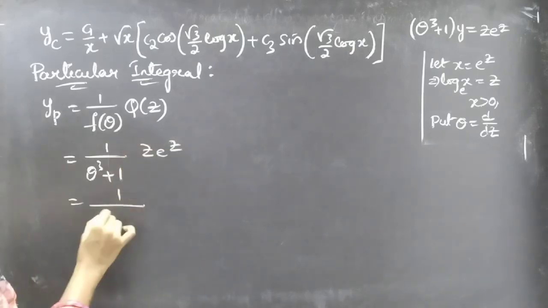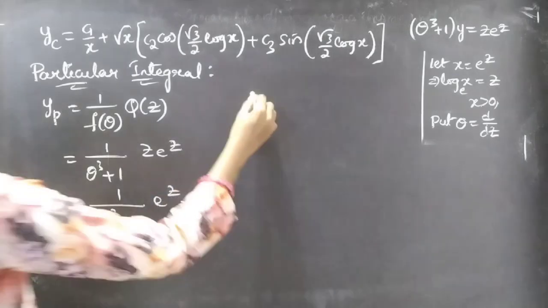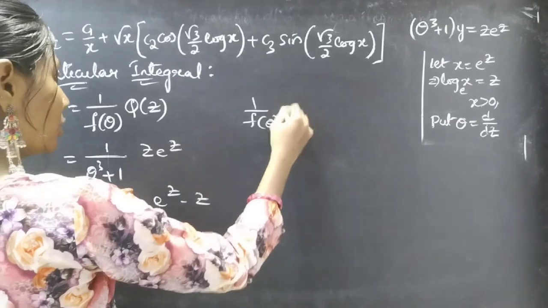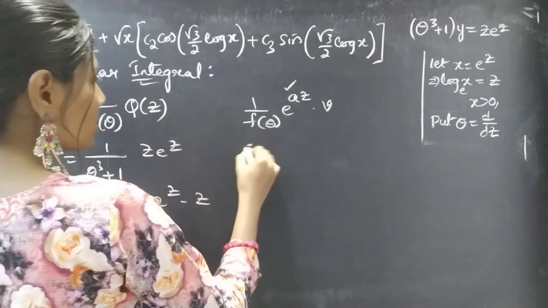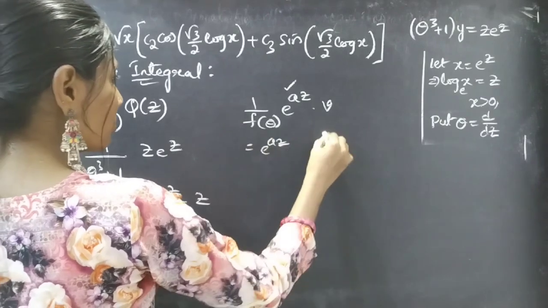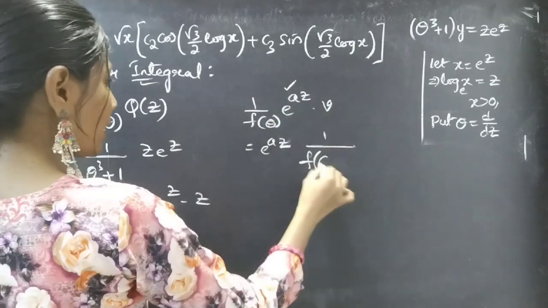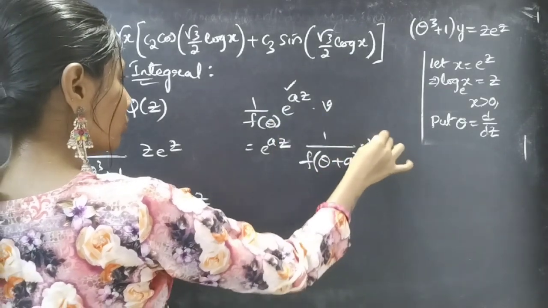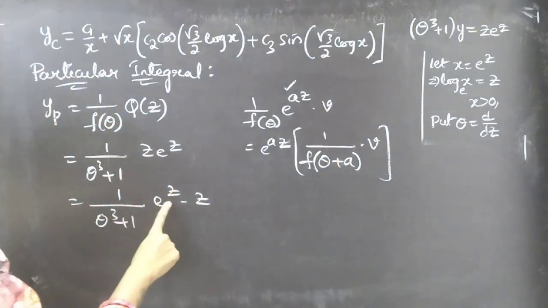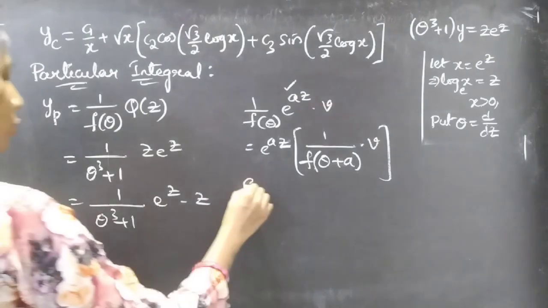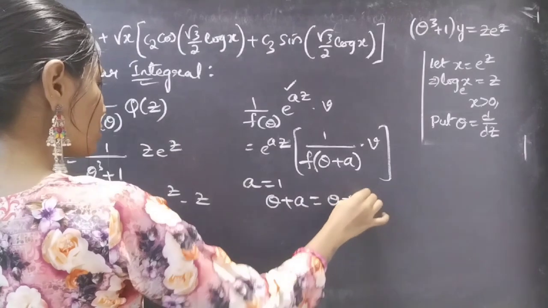So this is of the form 1 by f of theta into e power az into some v, right? We'll shift e power az towards left by replacing theta with theta plus a, and later we'll operate v with 1 by f of theta plus a. Now just compare e power z with e power az, then for a equal to 1, we'll find theta plus a, which is equals to theta plus 1.